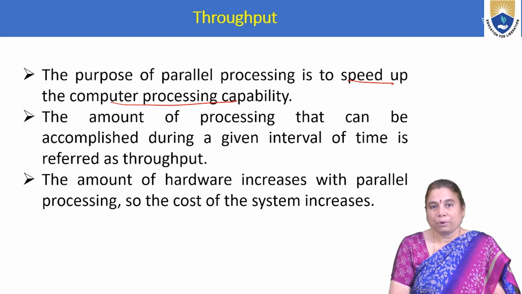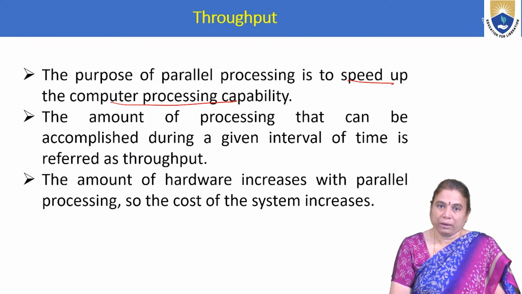With parallel processing, concurrent or simultaneous execution of tasks can be performed, so that the number of tasks that can be executed per unit of time is greatly increased, which in turn results in an increase of the throughput.